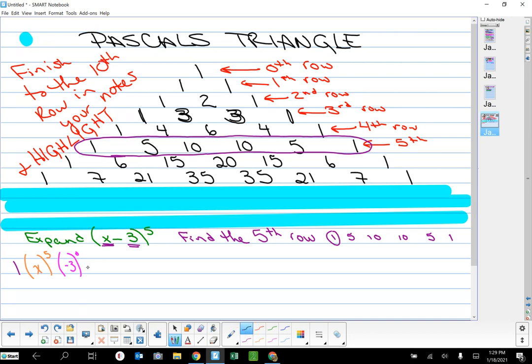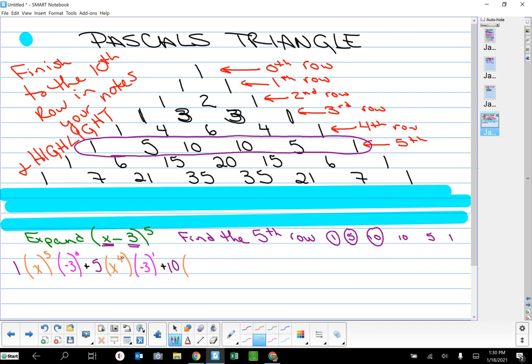Then I'm going to have a plus sign, and then my next coefficient. So now a 5, and then my x to the 4th. So I'm going to drop a power, and my y to the first. Go to the next coefficient, 10.